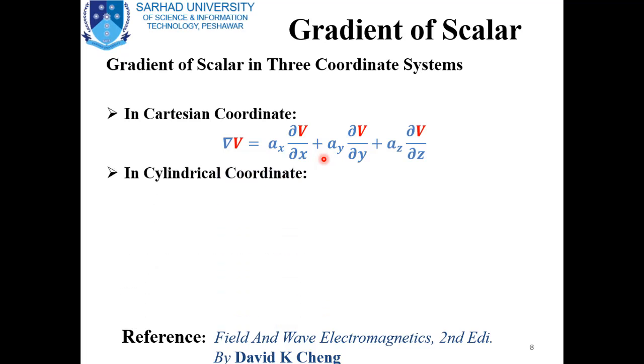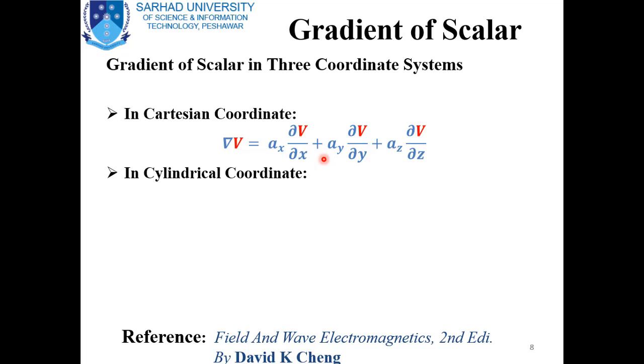Now in the cylindrical coordinates, where u1, u2, u3 are replaced by r, phi, z, and the metric coefficient h1 is equal to 1, h2 is equal to r, while h3 is equal to 1.